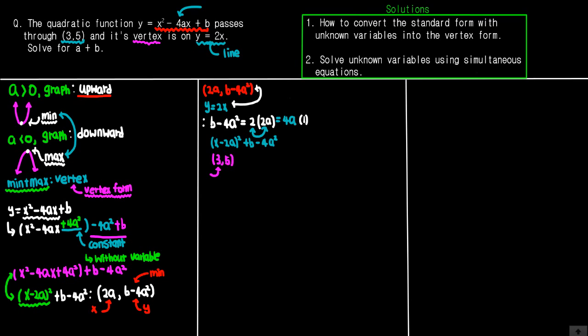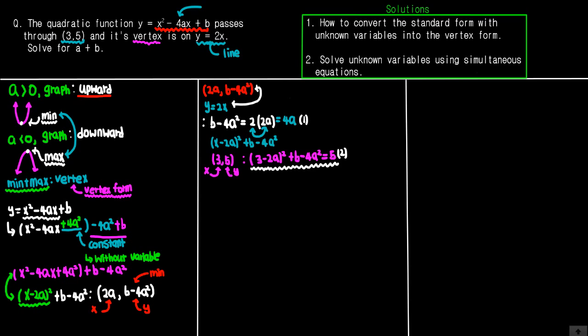Again, we are inputting the x value as 3 and the y value as 5. So if you convert this, it will look like 3 minus 2a squared plus b minus 4a squared is equal to y, which will be 5. And this is our second equation that we converted, using our given coordinate, which was 3, 5.